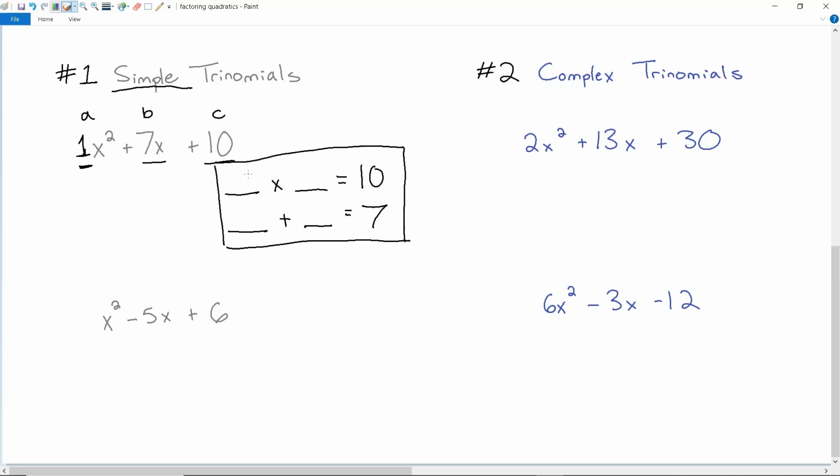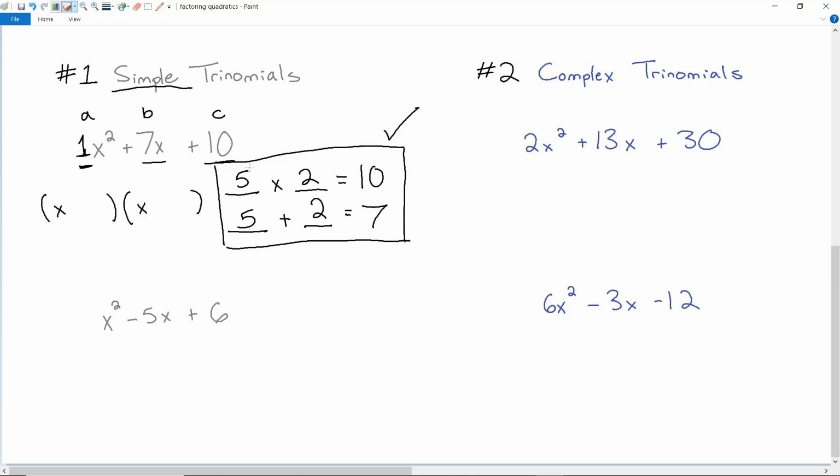I can think of the numbers 5 and 2, because when I multiply 5 and 2, I get 10, and when I add them together, I get 7. So that's the puzzle solved. When we get these values, all we need to do is plug them in to the factored form, which is usually 2 bracketed terms with an x value at the very beginning.